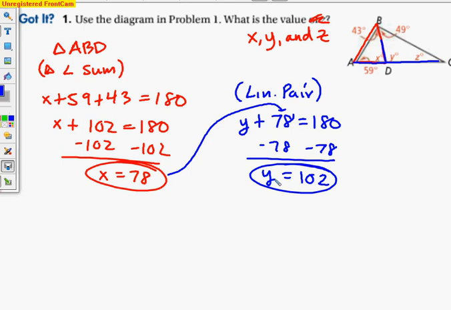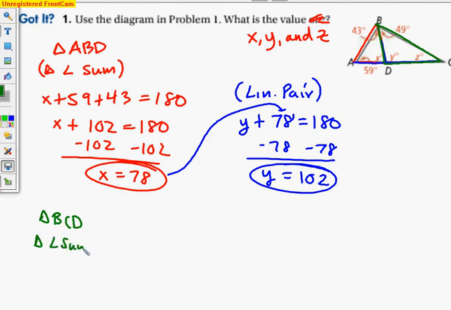And now finally z. To find z, now that I have y, let's use that smaller triangle. I'll do it in green. That would be triangle BDC, or BCD. This one right here. So we're using the triangle angle sum theorem again.